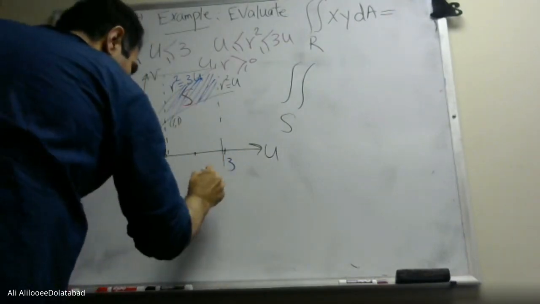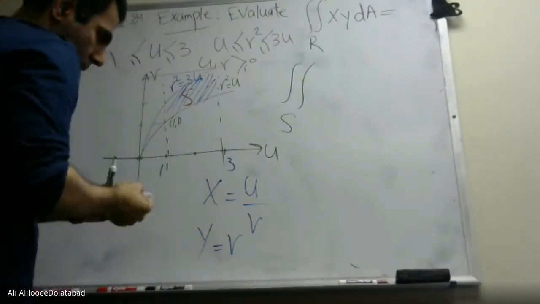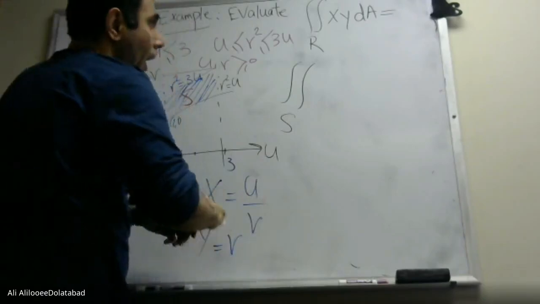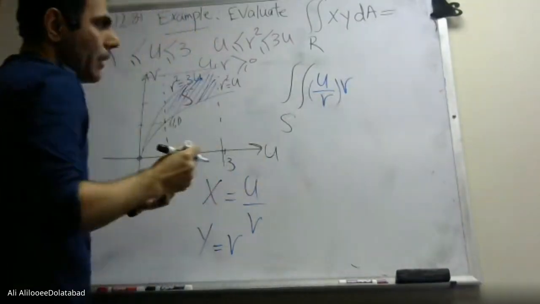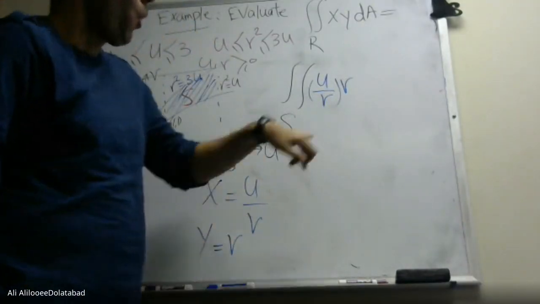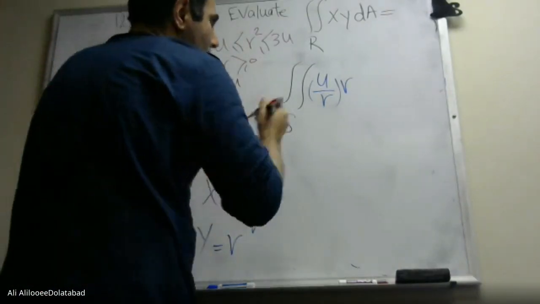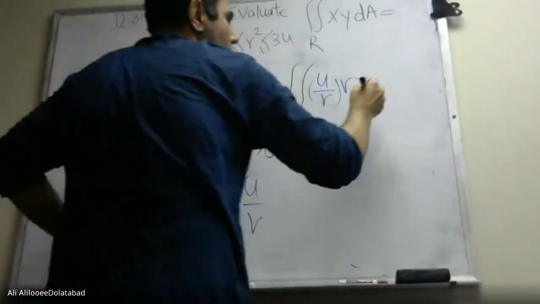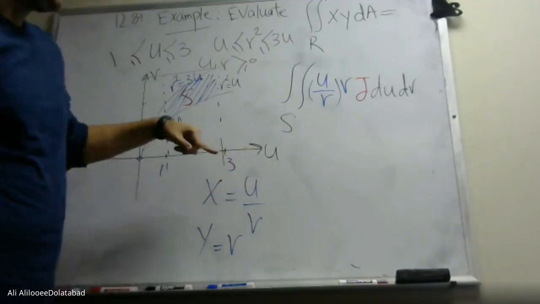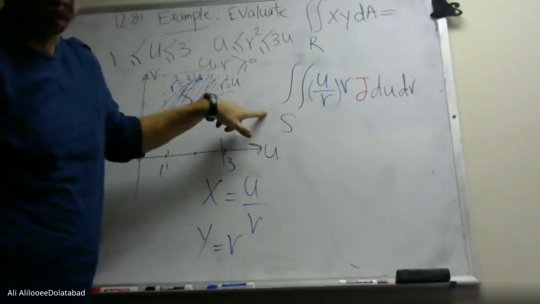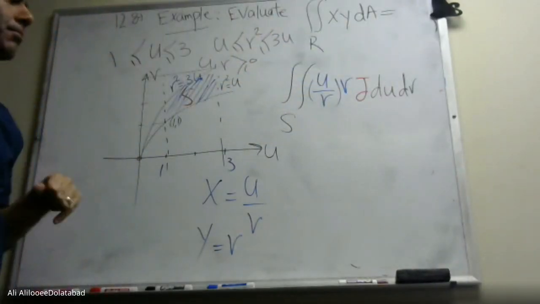We have x equal u over v, y equal v. We need the Jacobian, which I denote by J, then du dv. It doesn't matter which one is written first, because I haven't found the bounds yet.